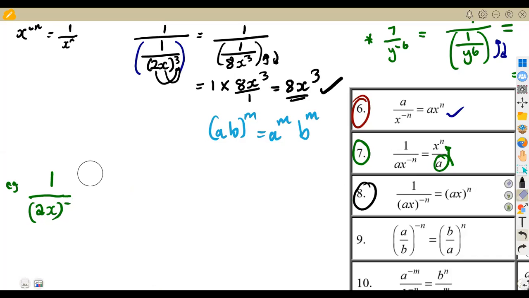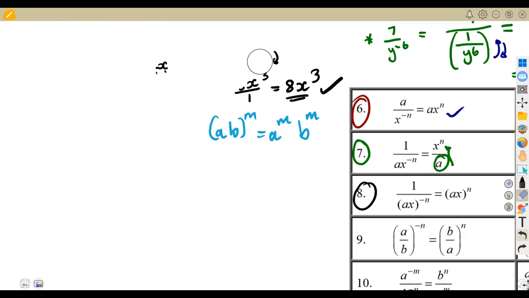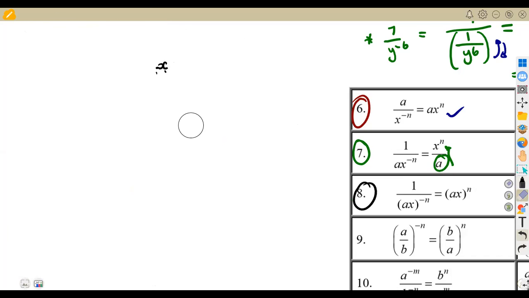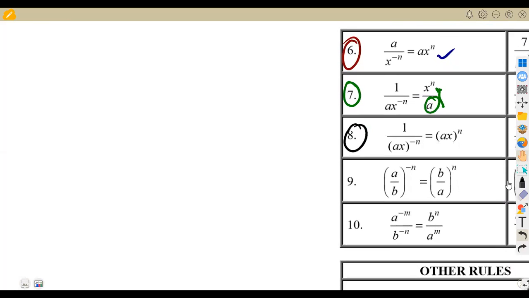It's not a problem at all as long as you are using the laws to simplify whatever you're simplifying. You are not forced to use this law. No, no, no. You are given a question to simplify. You simplify it the way that you understand it. Even if you go back to the traditional way of simplifying, if you understand that one, then use it.